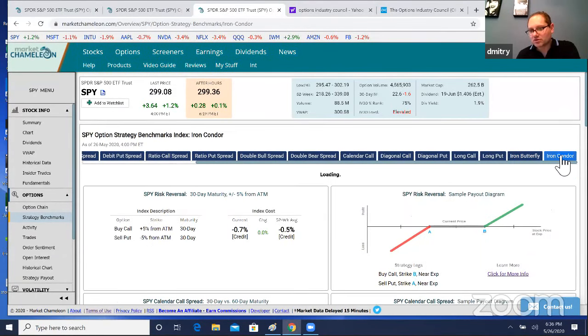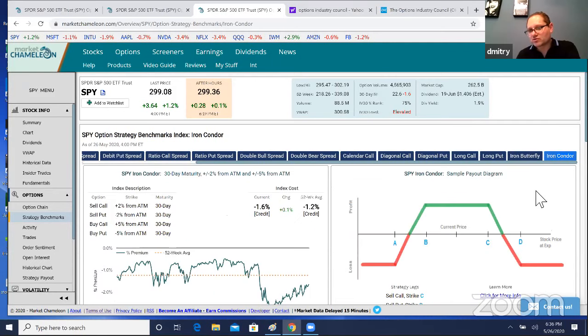An iron condor like this has defined risk. Basically you're selling an out of the money call, selling an out of the money put, and you're hoping the stock just sits sideways and expires anywhere in between these strikes, B and C. That's an iron condor, probably for a sideways trend.